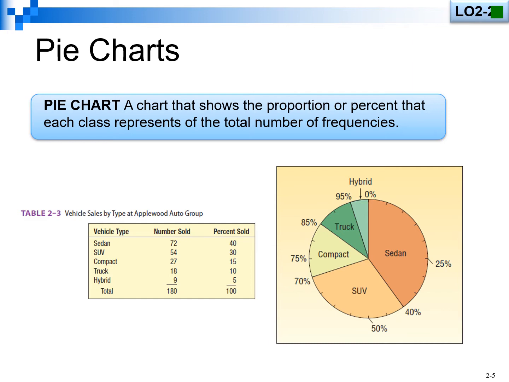But typically, pie charts are used to show percentages or proportions of data. And by the way, because percentages are a very popular way to collect data, pie charts might be a pretty common useful tool to help you represent the frequencies in your sample size.